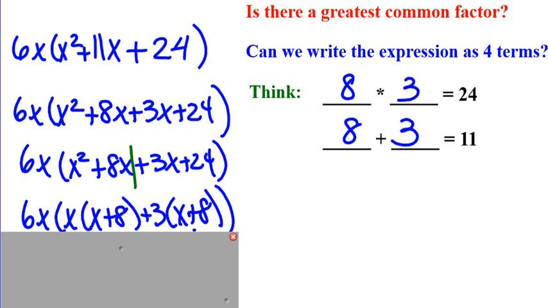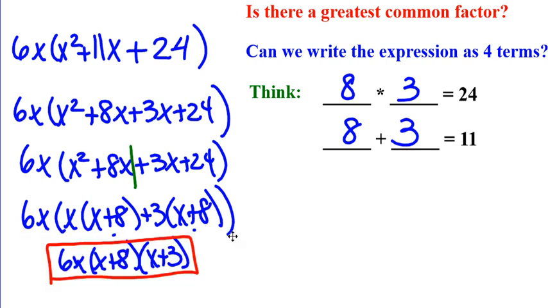They have that common factor of x plus 8, so we could rewrite this as 6x times x plus 8 times x plus 3. As always, you can check the equality by distributing these two factors, combining the like terms, then distributing through the 6x, and that should bring you back to the original polynomial that you started with.